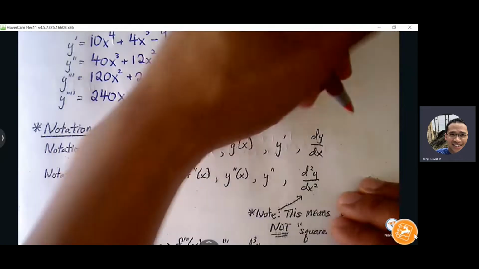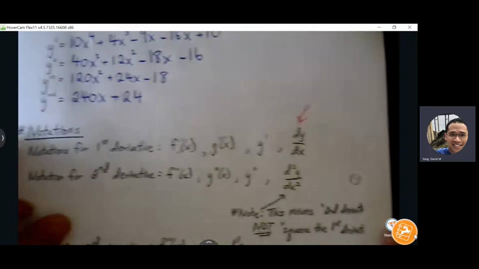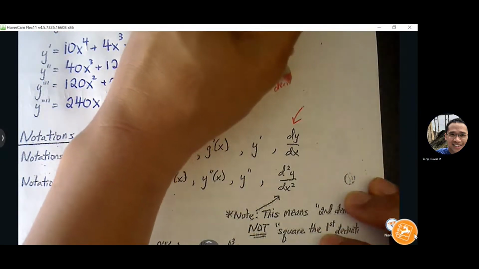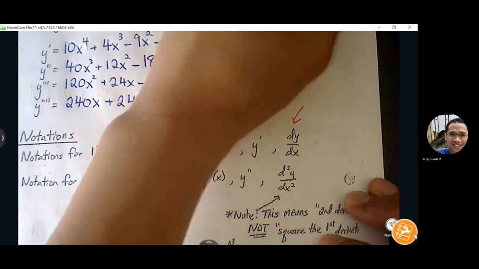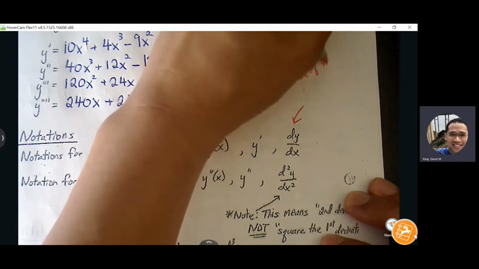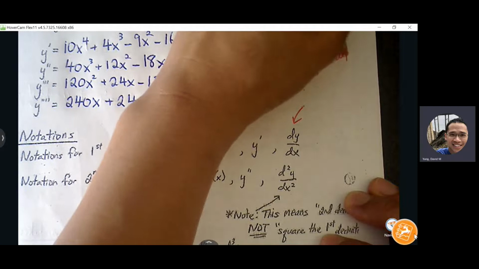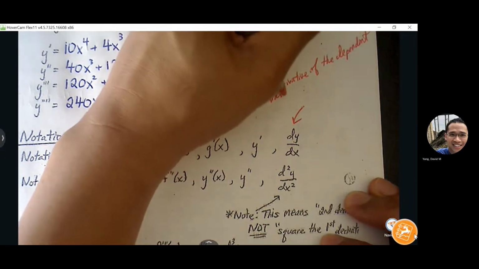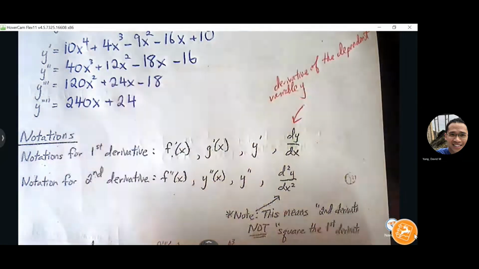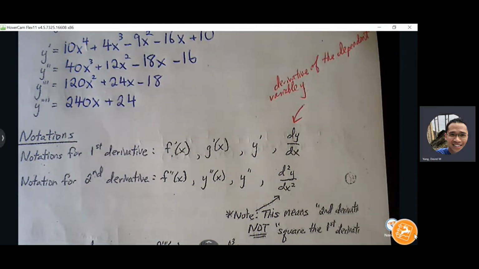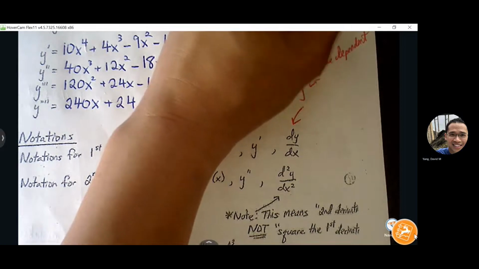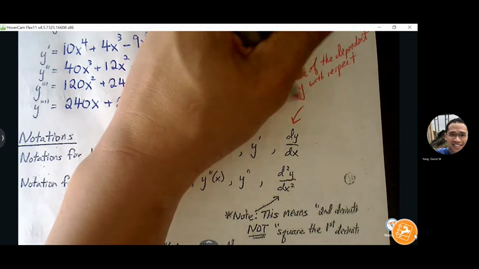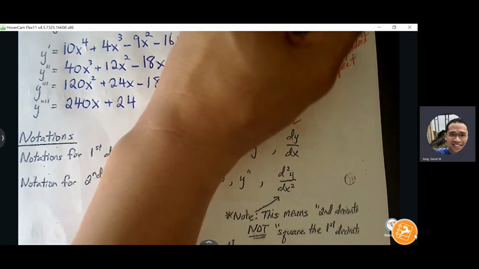So let me talk about what that means in more detail here. Dy dx means find the derivative of the dependent variable with respect to the independent variable.